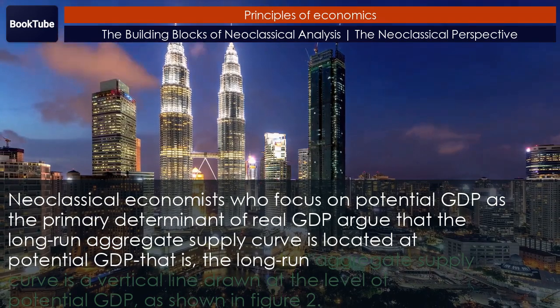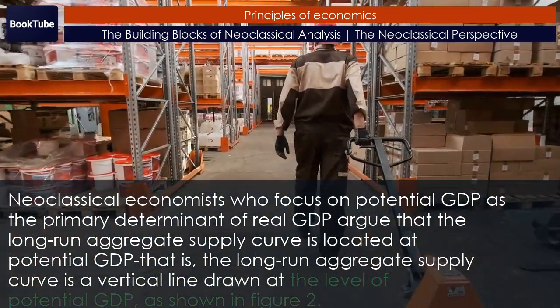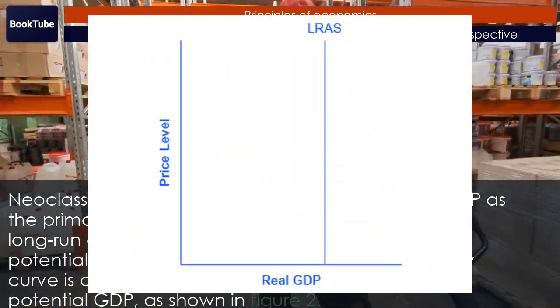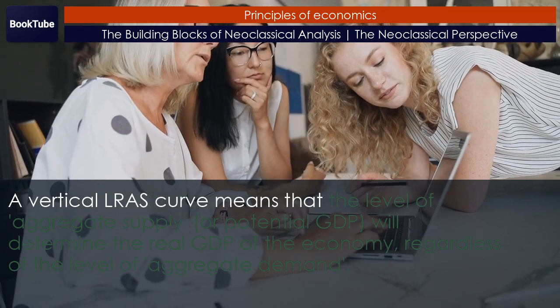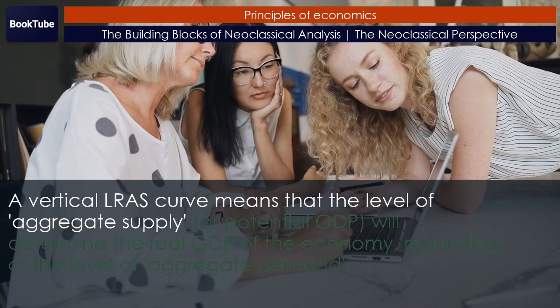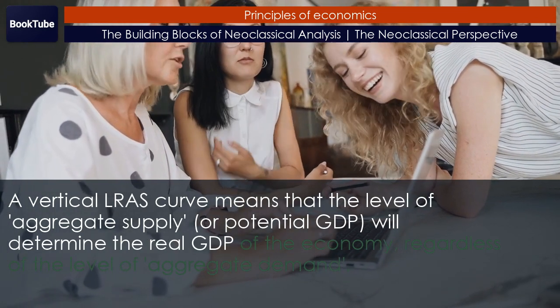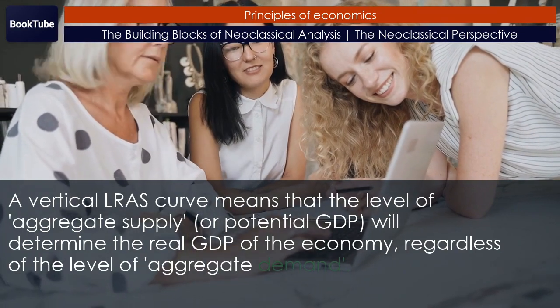That is, the long-run aggregate supply curve is a vertical line drawn at the level of potential GDP. As shown in Figure 2, a vertical LRAS curve means that the level of aggregate supply or potential GDP will determine the real GDP of the economy, regardless of the level of aggregate demand.